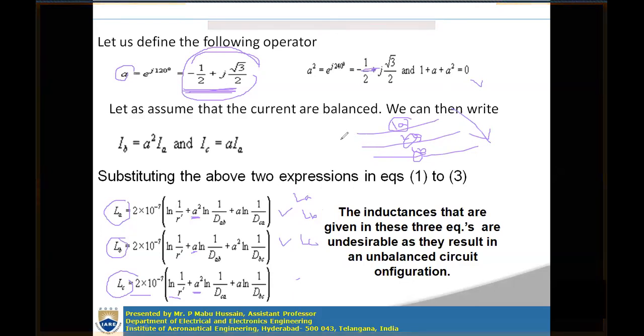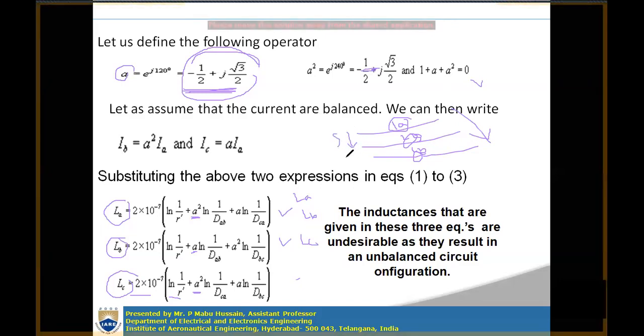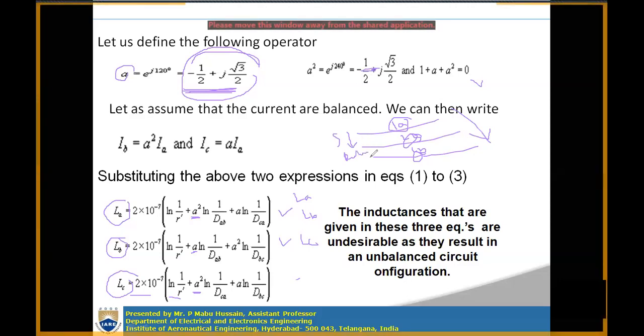Generally at the sending end you have a balanced supply, with equal voltage magnitude in all phases. But at the receiving end the voltage magnitudes in the three phases become unequal, which is not desirable. You have to make the voltage at the receiving end the same in all three phases.